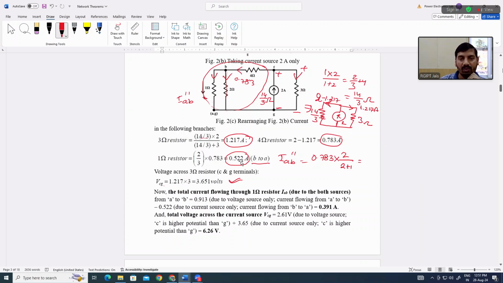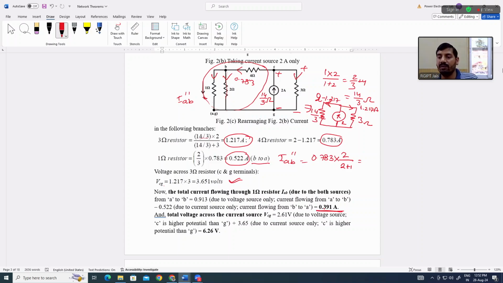Okay, so the resultant current will be from A to B, because the current value from A to B is higher than B to A. So while taking the algebraic sum we take 0.913 minus 0.522. So that will be 0.391 ampere, the final current.